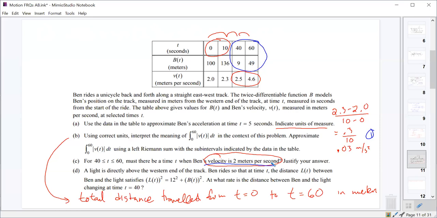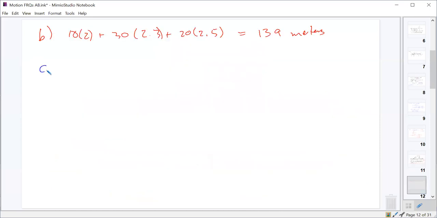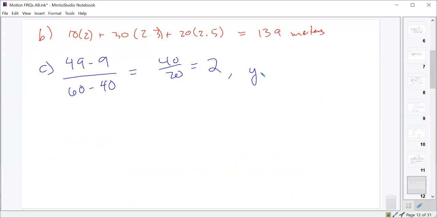That's the mean value theorem. So for part C, we will do 49 minus 9 over 60 minus 40, which gives us 40 over 20, which is 2. So we would say yes by the mean value theorem.